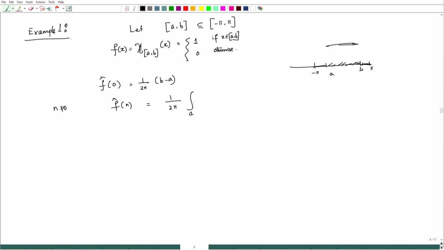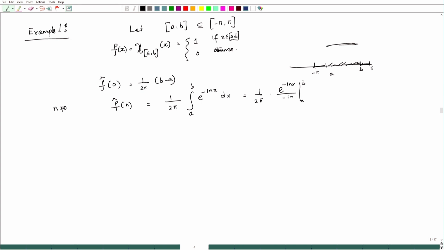Therefore, this integral is e to the power minus I n x dx, and that is a pretty easy integral to compute. So, this is 1 by 2 pi e to the power minus I n x by minus I n, from a to b.